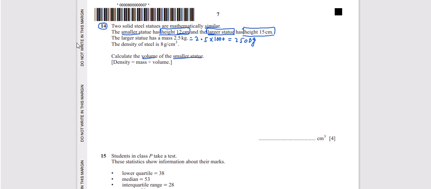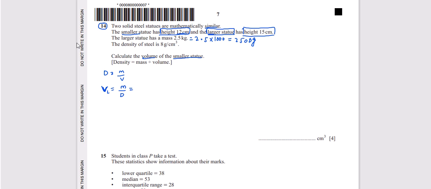The density is given, and density is equal to mass over volume. First of all, we calculate the volume of the large statue. VL, the volume of the large statue, is equal to mass over density.